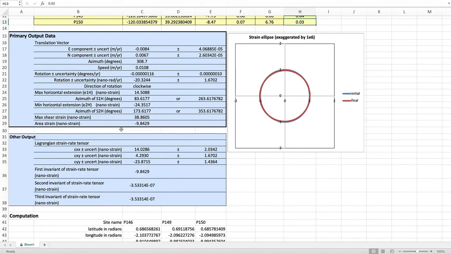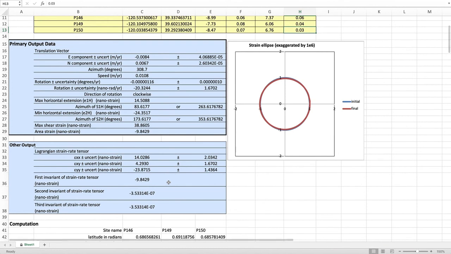A little deeper under the hood, we've got the Lagrangian strain rate tensor, the first invariant, second invariant, and third invariant. Oftentimes we use the second invariant in contour maps of strain over a broad crustal area. So these are all important numbers.